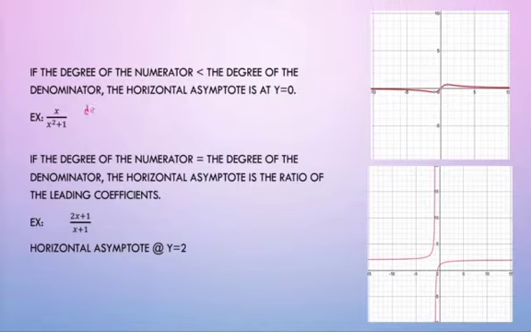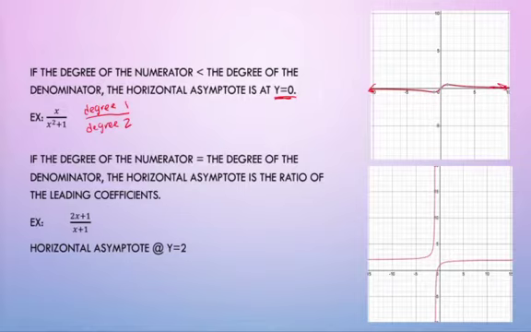So this has a degree of 1. This has a degree of 2. The degree of the numerator is less than the degree of the denominator, so the asymptote is at 0. And so here you can see that this function approaches 0 and never touches it.